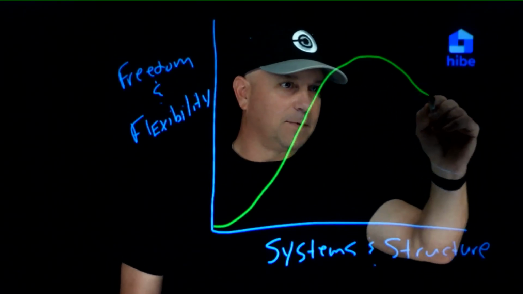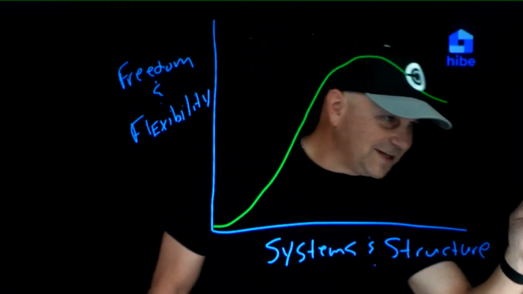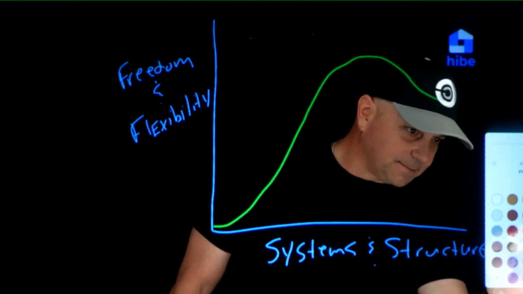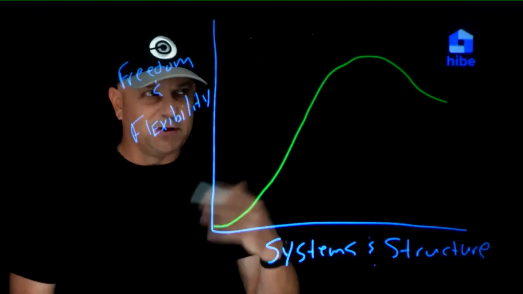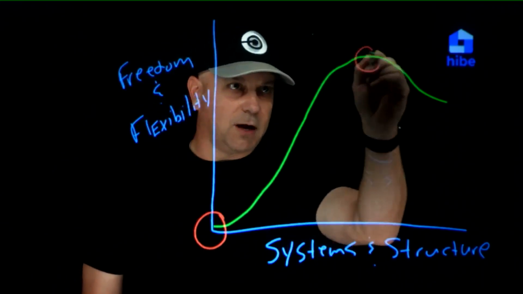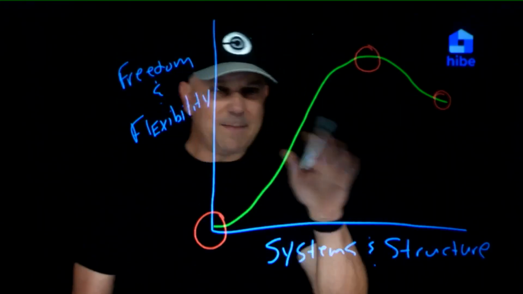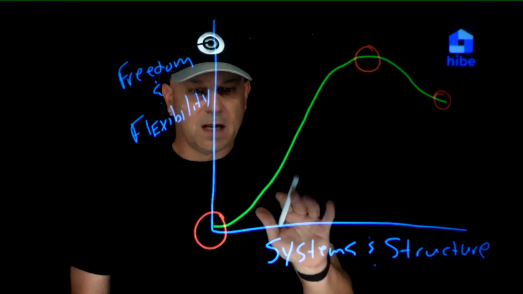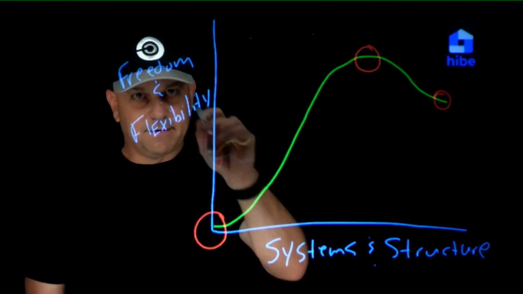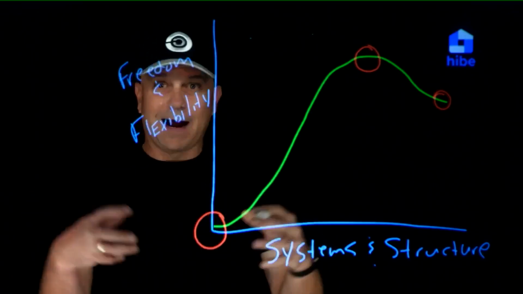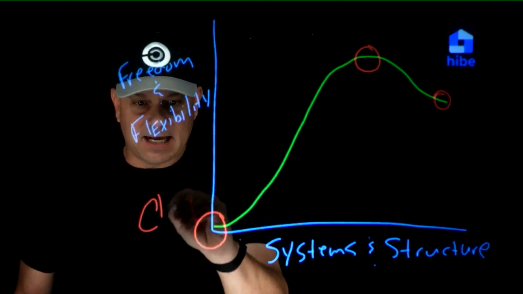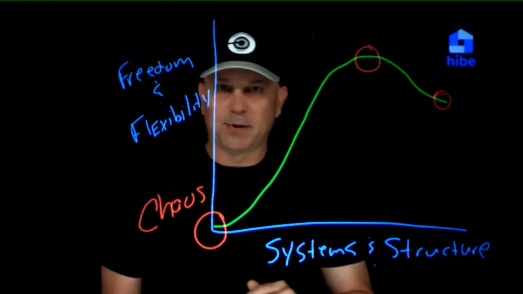And that dip is pretty important. This is what people are dealing with a lot of the time when we start to build this type of stuff out. There are 3 main points we want to draw attention to and what they mean in your world. If you don't have systems and structure and you don't have freedom and flexibility, and you're running around just busy all the time, that's called chaos.